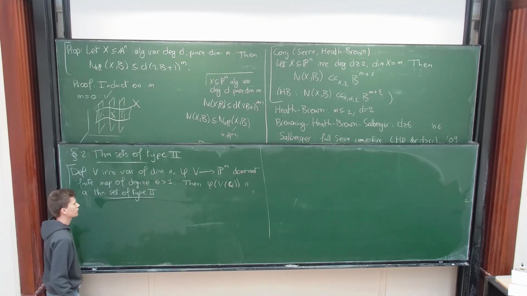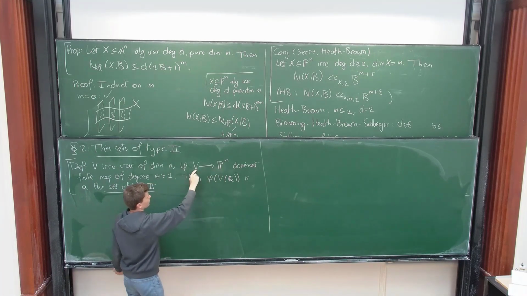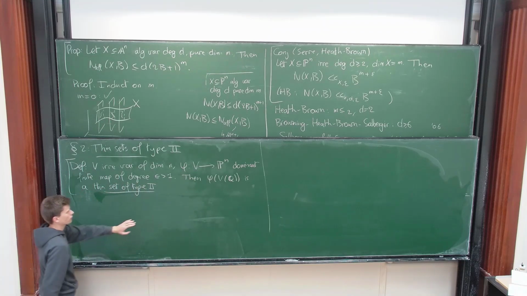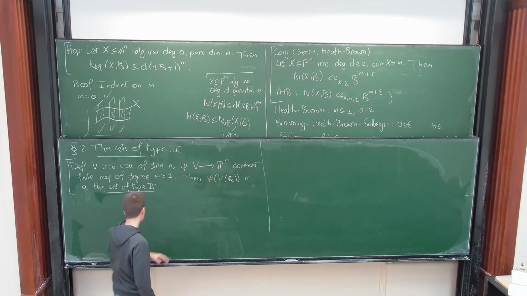Okay, so this map is dominant, so a general point of Pn is in the image of V, but you should expect that the image of the rational points is much smaller inside of here.